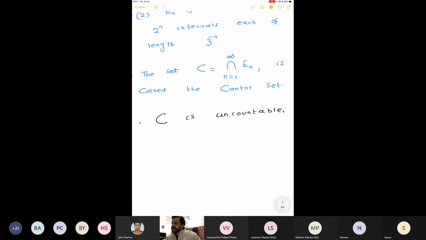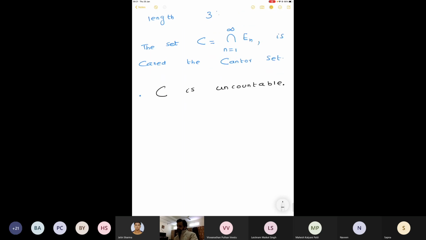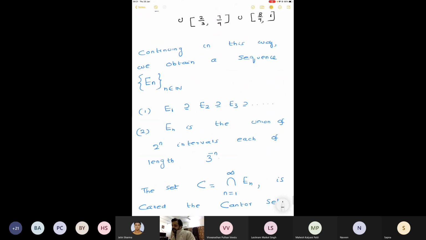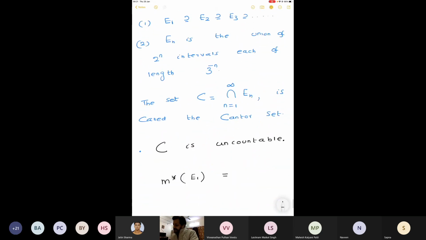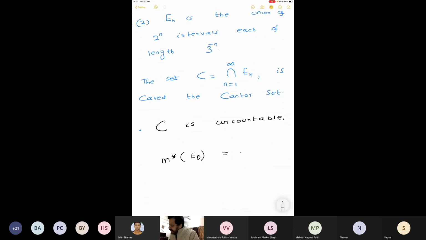Our interest is to see what its outer measure is. What is M star of E1? Can you tell me? M star of E0 is the length of E0, which is 1.